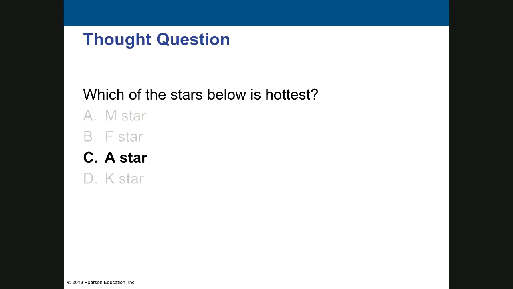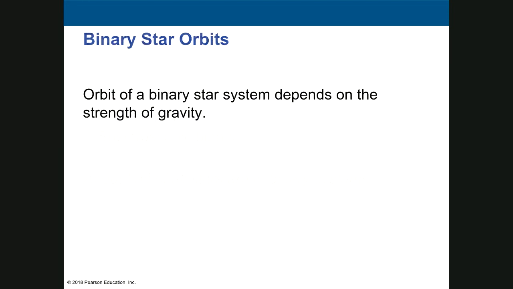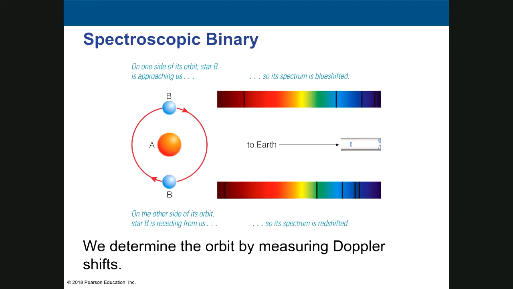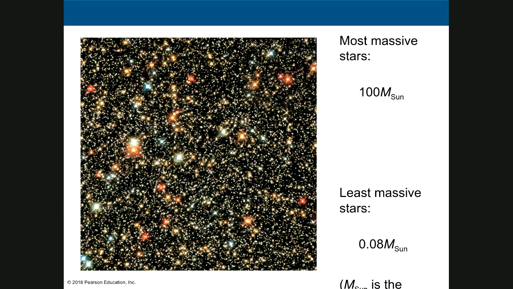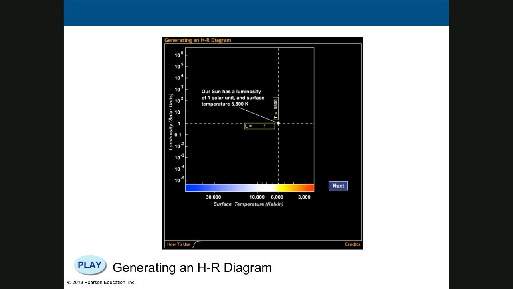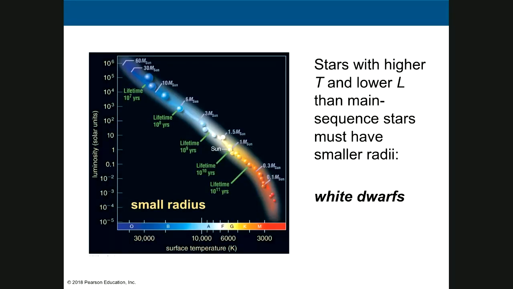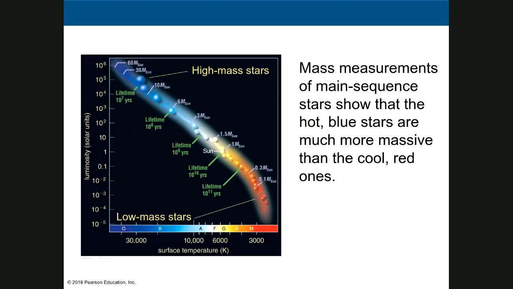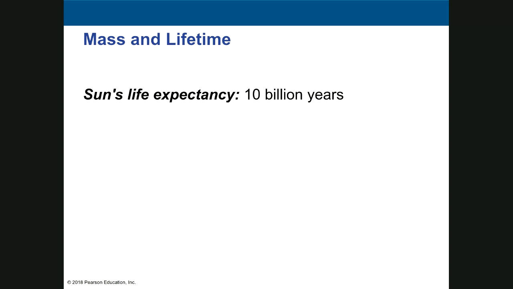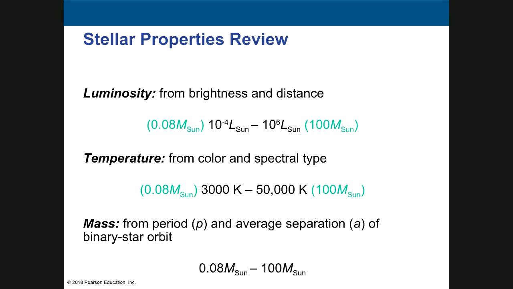For our review, we talked about binaries, two-star systems, and how we measure them. I don't want to talk about the Hertzsprung-Russell diagram yet. Man, here we go. This was the slide I was looking for. Geez, took a while to get there.